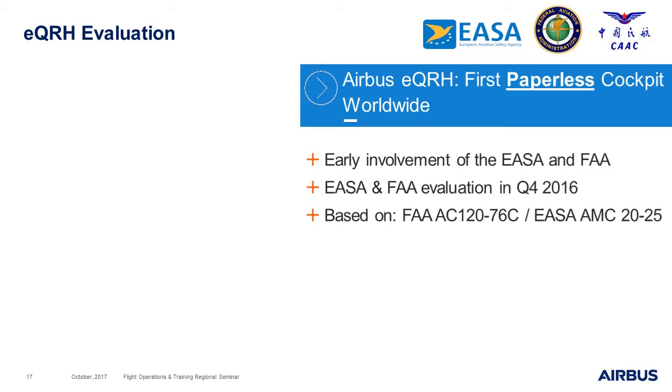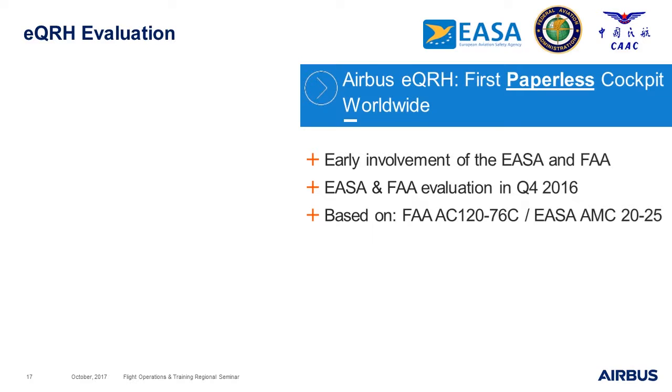This is why a close coordination was set up between Airbus and the EASA and FAA since the feasibility study we performed in 2015 until the official operational evaluations that were held in end of 2016.